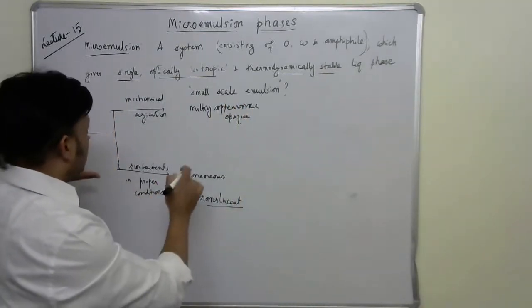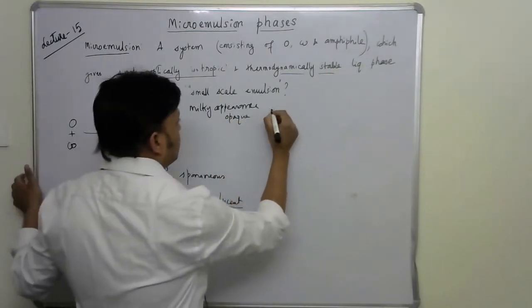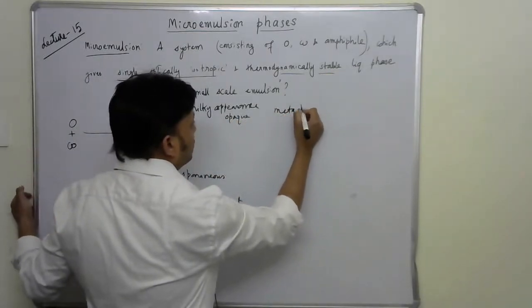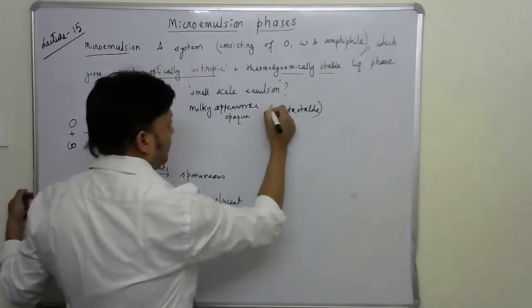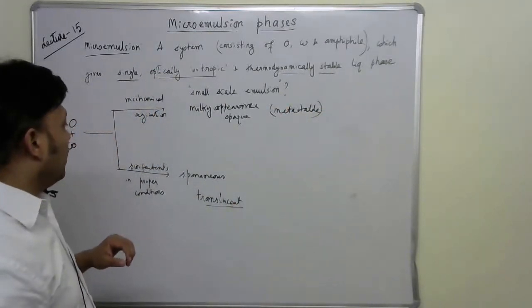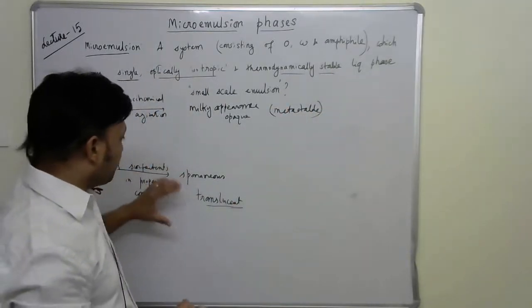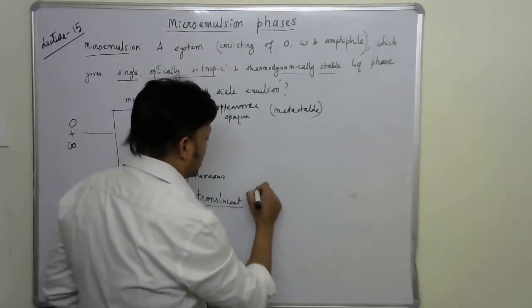In general this phase is thermodynamically not stable, so it is also known as metastable. And this one is thermodynamically most stable.